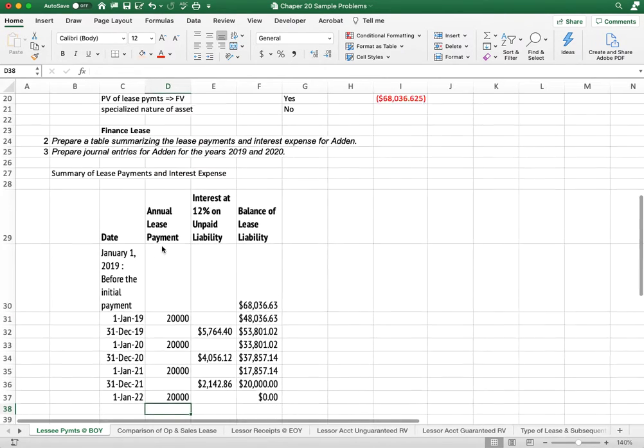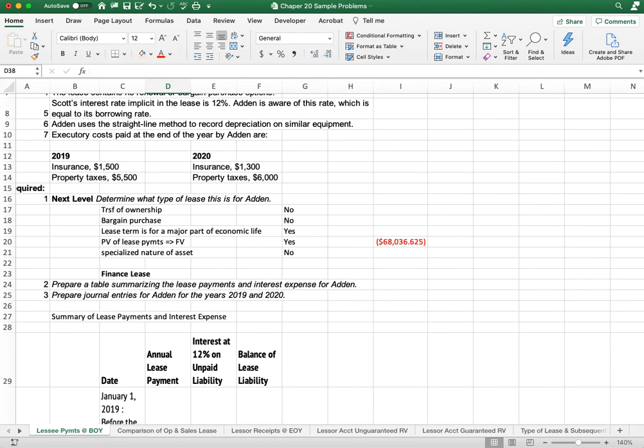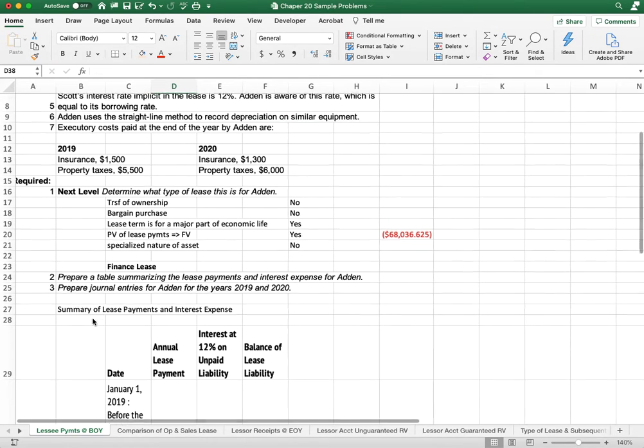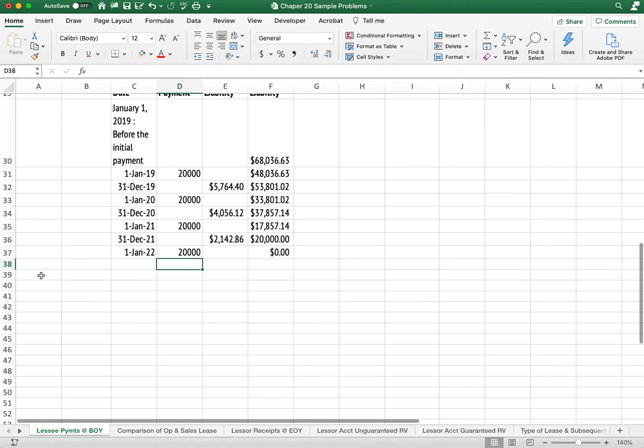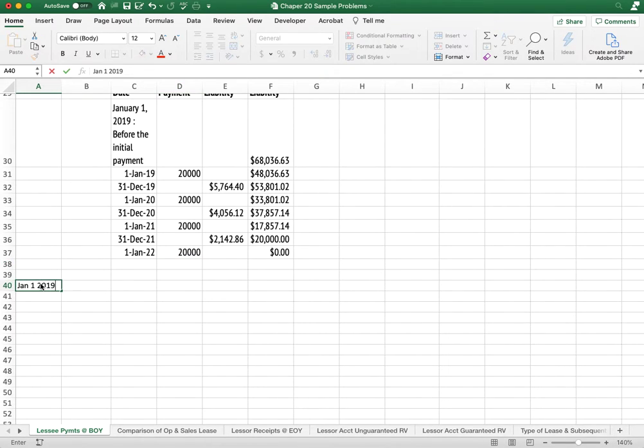And then the third part is to prepare the journal entries for Aiden for the years 2019 and 2020. So we'll start with January 1, 2019. As of this day, we first need to record that right of use asset.